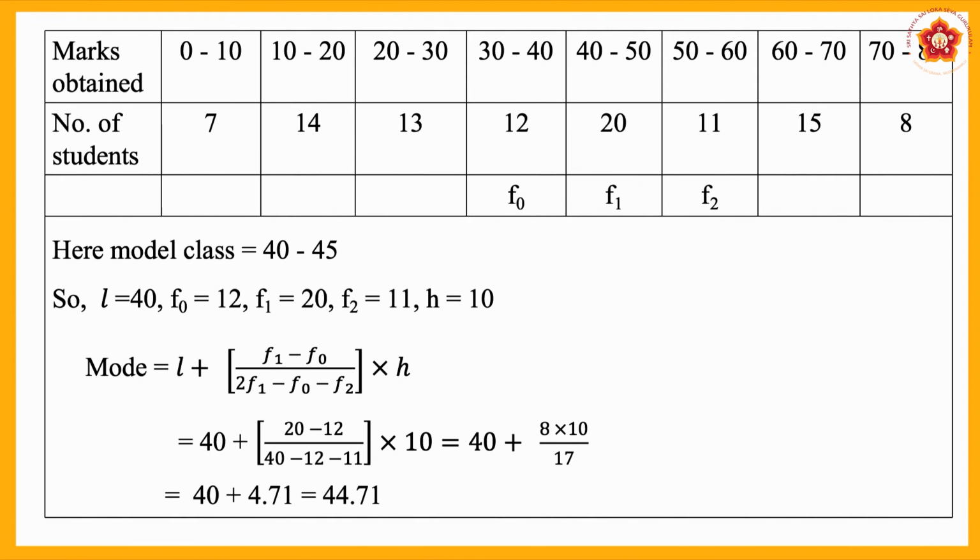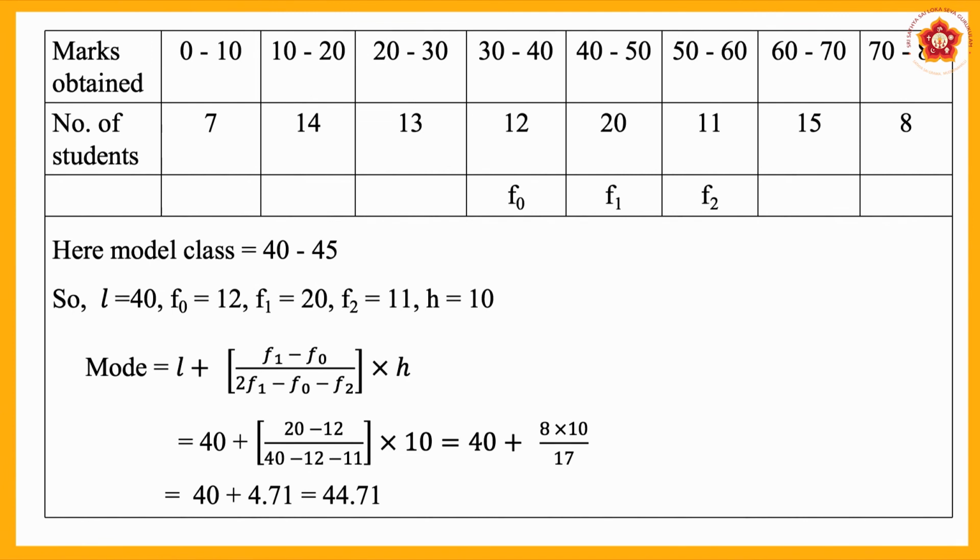That becomes 40 plus, now 20 minus 12 becomes 8, and H value is 10, therefore in the numerator you will get 8 into 10. Let us simplify the denominator. From 40 you have to subtract 12 and 11, totally you have to subtract 23. Now, if you subtract, you will get 17.